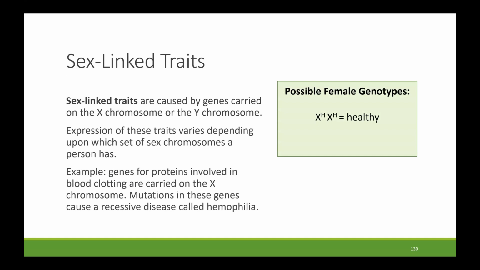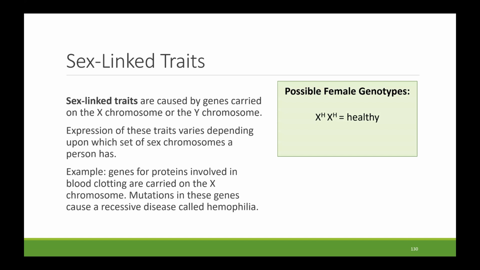They can have the healthy dominant allele on both of their X chromosomes, and this is how sex-linked traits are written. You can see there's the sex chromosomes that are the base, and then the allele is a little superscript, that little capital H represents the healthy allele. And if a female has two copies of the dominant allele, like you see here, of course they're healthy.